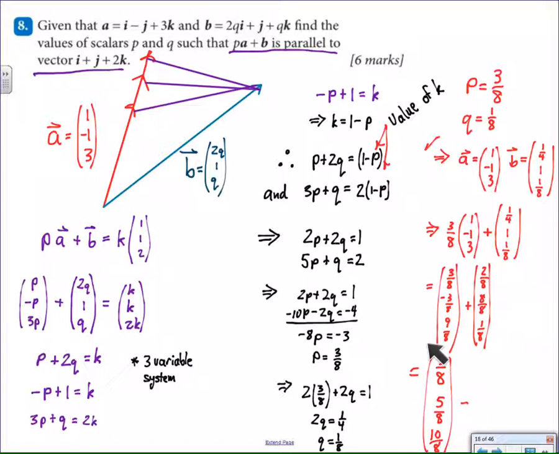I end up with this vector, 5/8, 5/8, 10/8, which they all have a 1/8 in common, and I could also divide them all by 5. So if I factor out a 5/8, I get the vector 1, 2, 2, which was the direction vector that was given. And as we can see here, our k value is indeed 5/8. So that tells me that I didn't make any arithmetic mistakes here, and that it does confirm that I have the right values for p, q, and even k, a little side benefit.